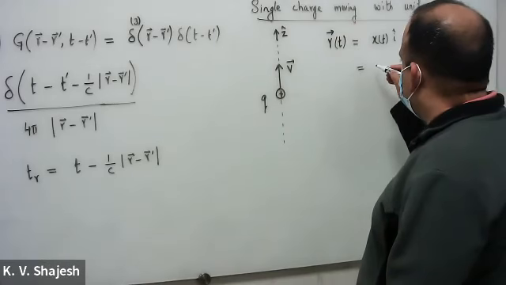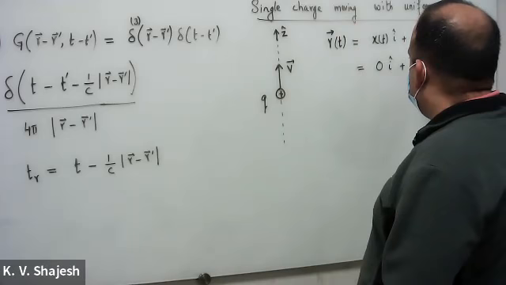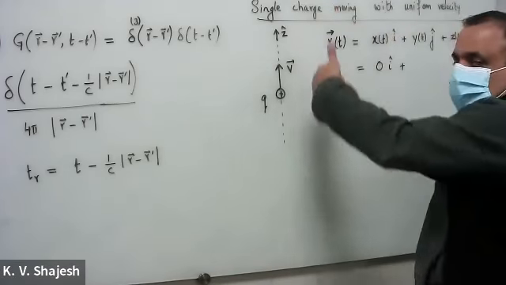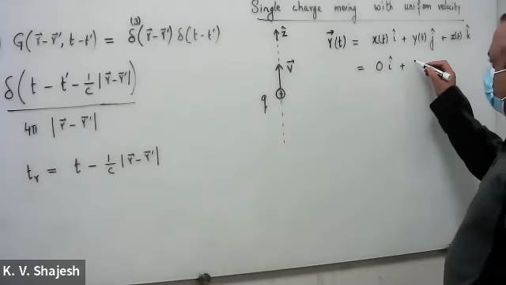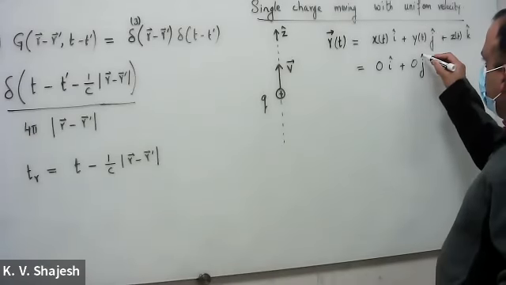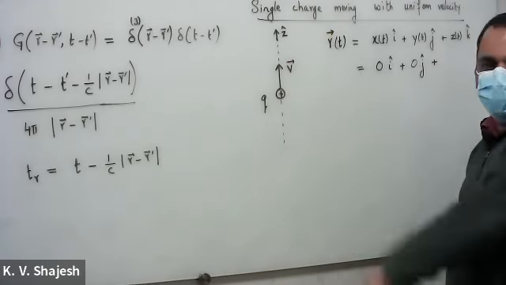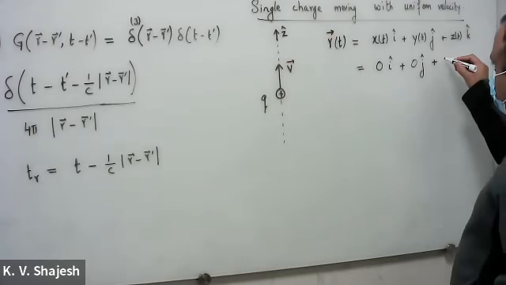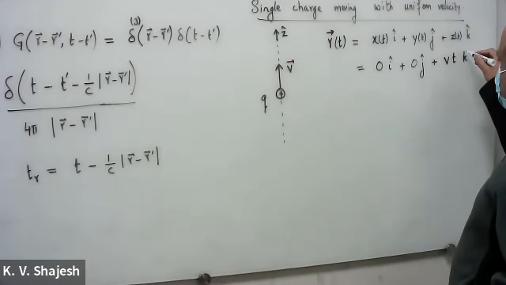So let's say this is on the Z axis, so it's 0 i. Did I say X axis? No, it's on the Z axis, I said. So X is 0 and Y is 0, so it's 0 j. And the Z position changes with time and evolves as velocity V times t, in the k hat direction.